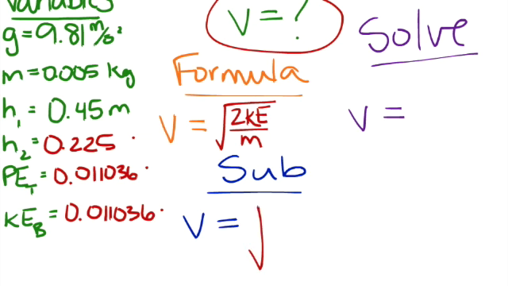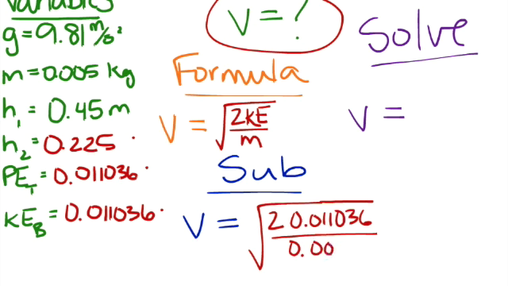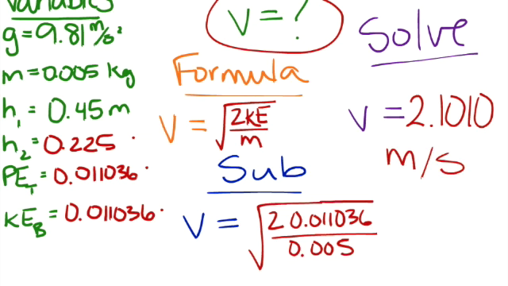So I substitute in 2 times 0.011036 over 0.005 for the mass. And that comes to about 2.1010 meters per second. So the speed of the marble halfway down the first descent is 2.1010 meters per second. Thank you.